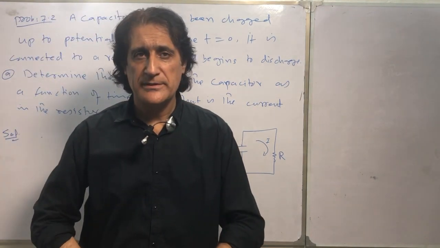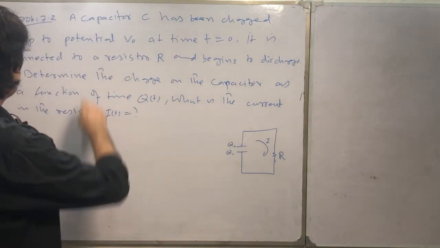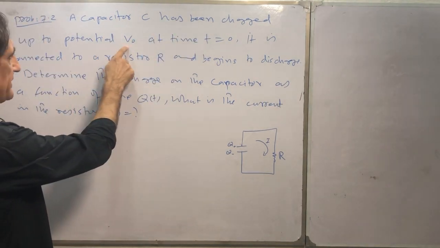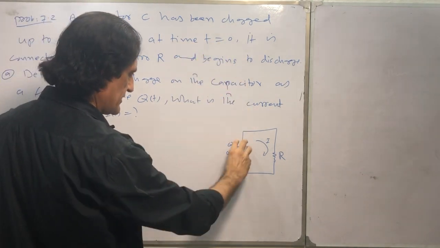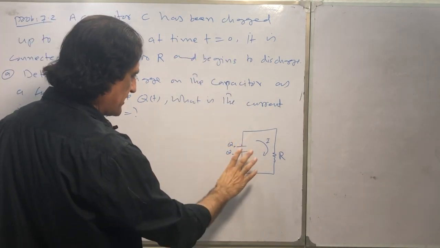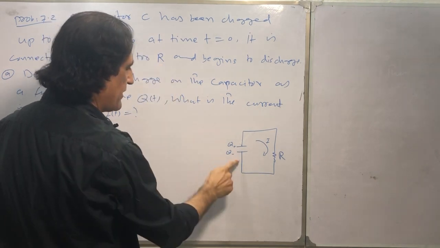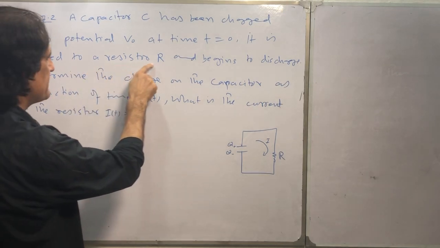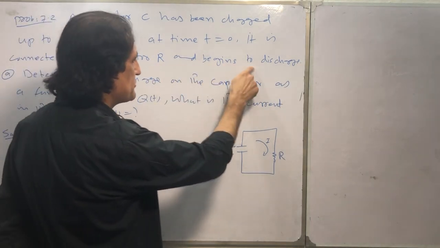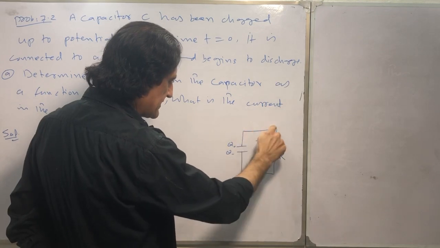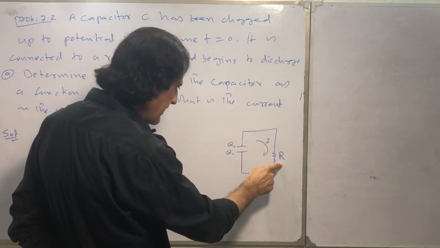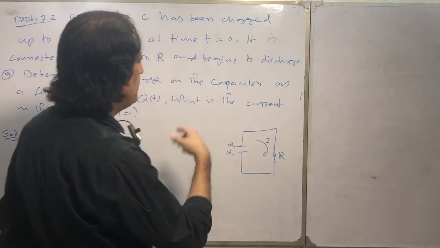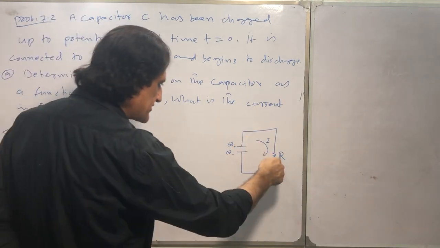This is problem number 7.2, and it states that a capacitor C has been charged up to a potential V naught at time t equal to 0. It is connected to a resistance R and begins to discharge.